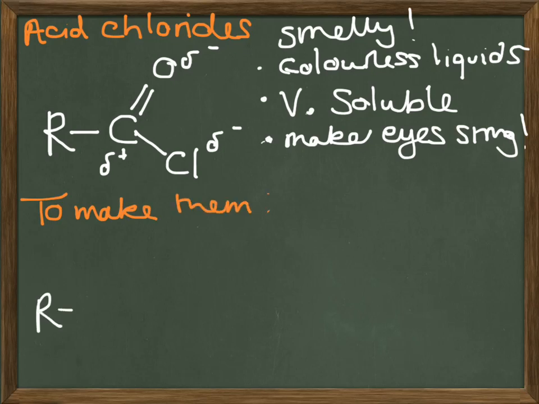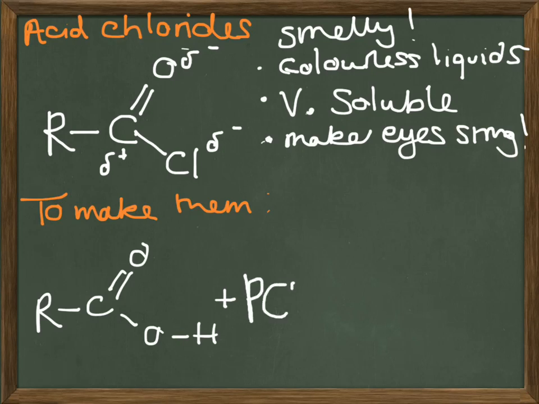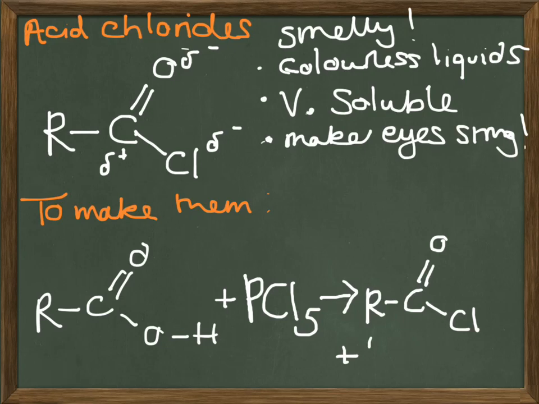They're really easy to make. It's just replacing the OH group on the carboxylic acid, there's the OH group, with a chloride. And if you remember back to alcohols, we use PCl5 to do that. You remember it's a very vigorous reaction, lots of heat released.